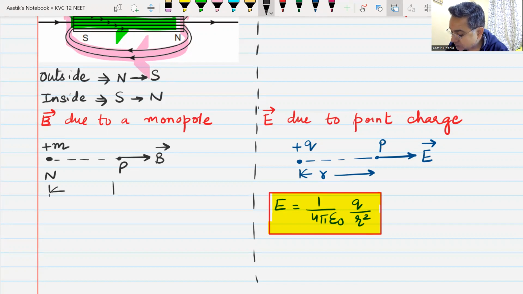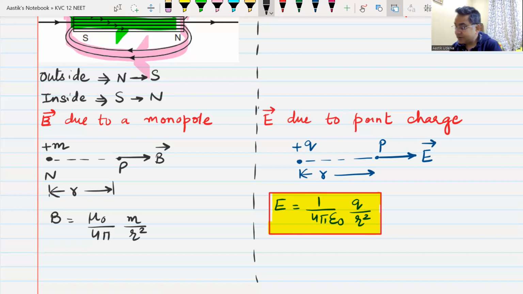If I call the distance of this point from the magnetic monopole, the north pole, as r, the value of magnetic field B would be mu naught by 4 pi m by r square, where m is the pole strength of that monopole.